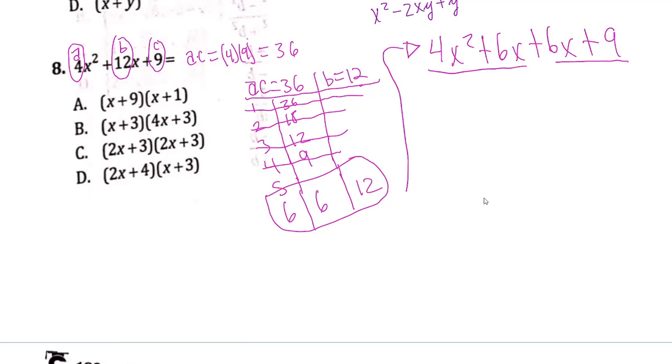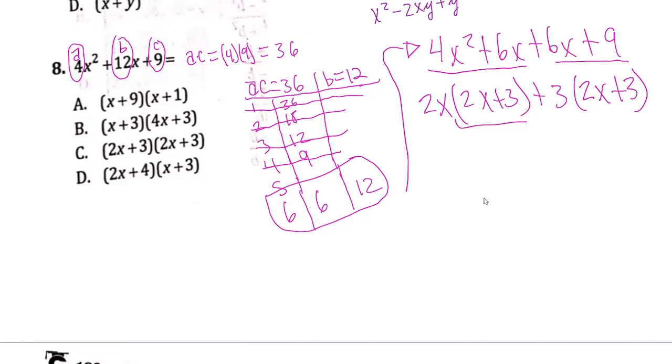Now what we can do is factor out the greatest common factor, which would be 2x. So then we have 2x plus 3. And then over here, it's 3. So we're left with the 2x plus 3. And now since these two match, right, we factor that out.